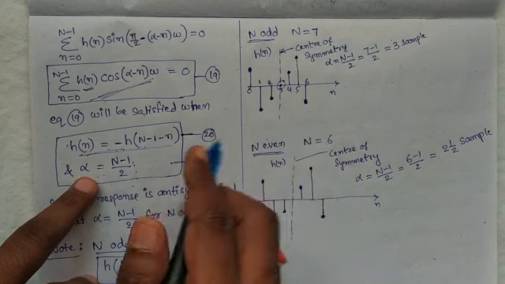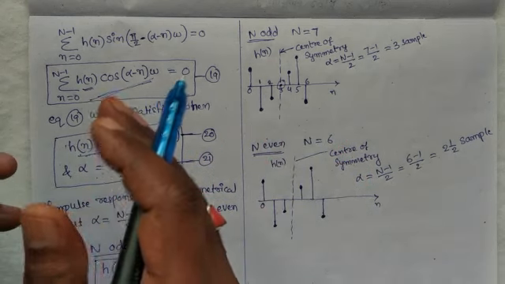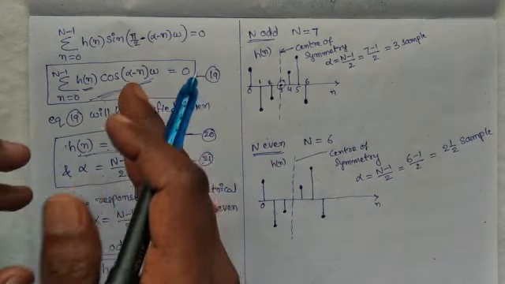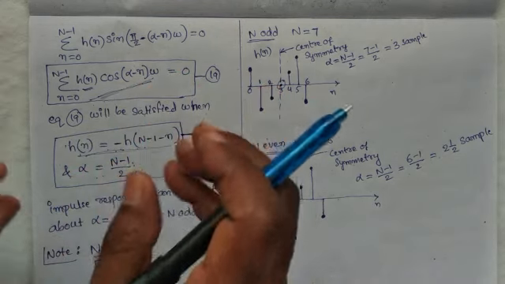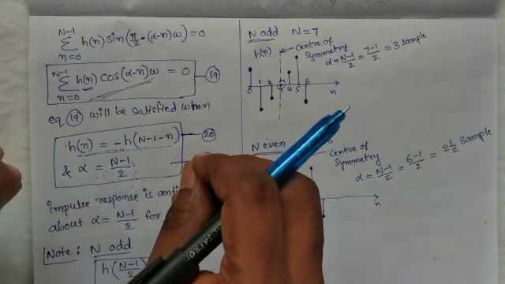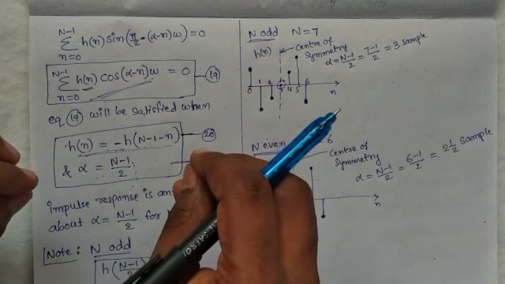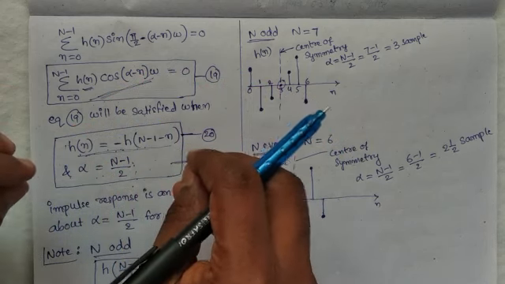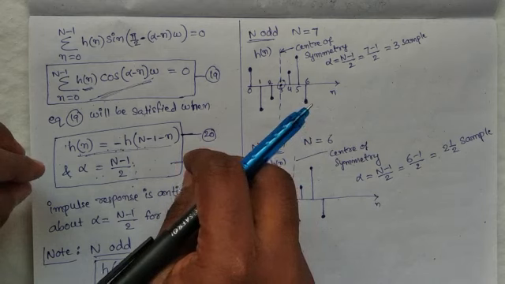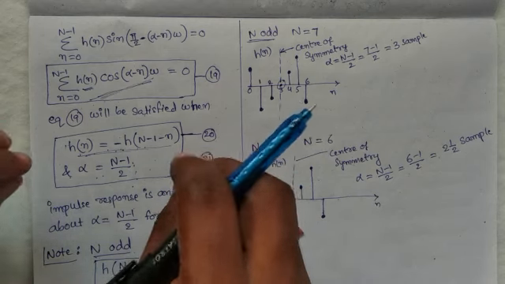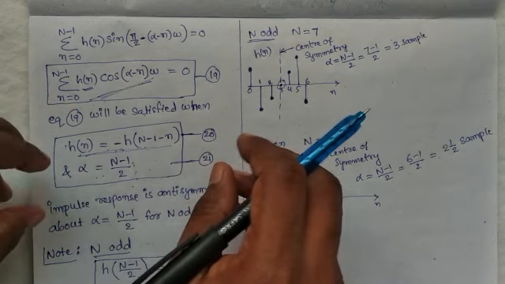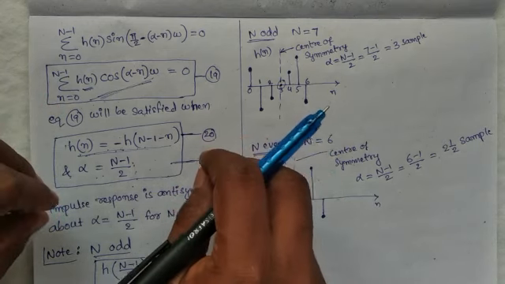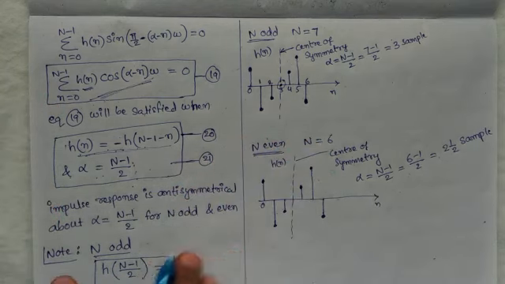Here, for constant group delay and not the constant phase delay, the impulse response is anti-symmetrical about alpha equal to capital N minus 1 by 2. Here, for capital N odd and even.